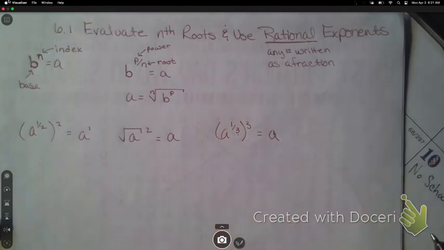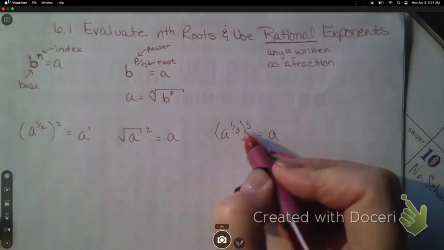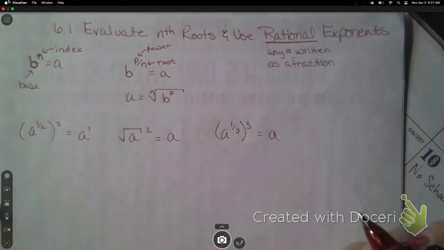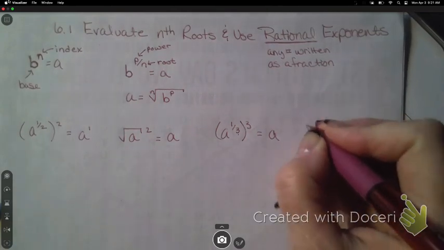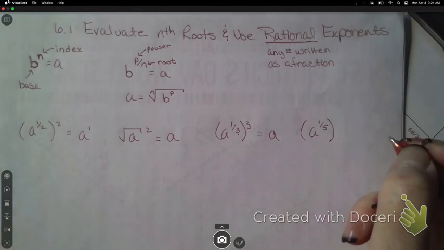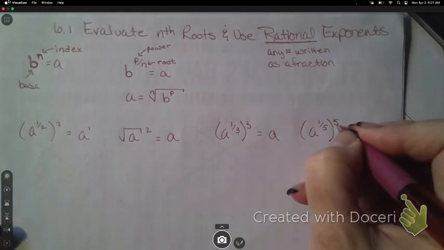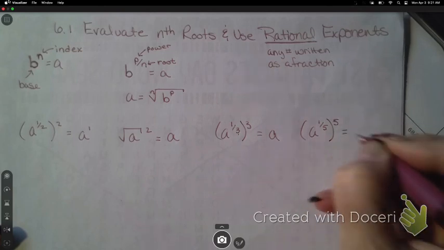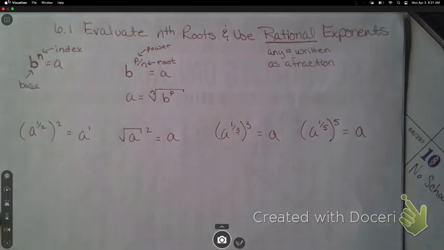So it would always be 1 if the denominator and what you're multiplying it by match. So a to the 1/5, what power are you going to take it to? 5. Because when you have a power to a power, you multiply, correct? So you get A. Does that make sense?